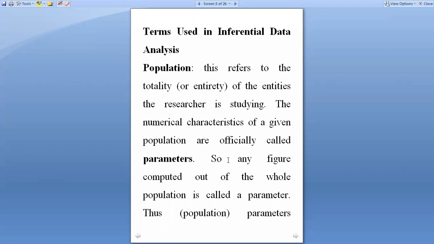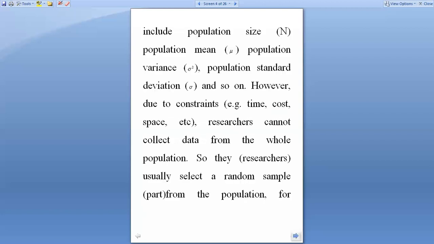For example, when we do census, the results we get are parameters because they are from the whole population of the country. So when we talk about parameters, you just know that that is any figure which is derived out of the whole population. Therefore, when you talk about population parameters, we have said one thing twice, population and parameter.